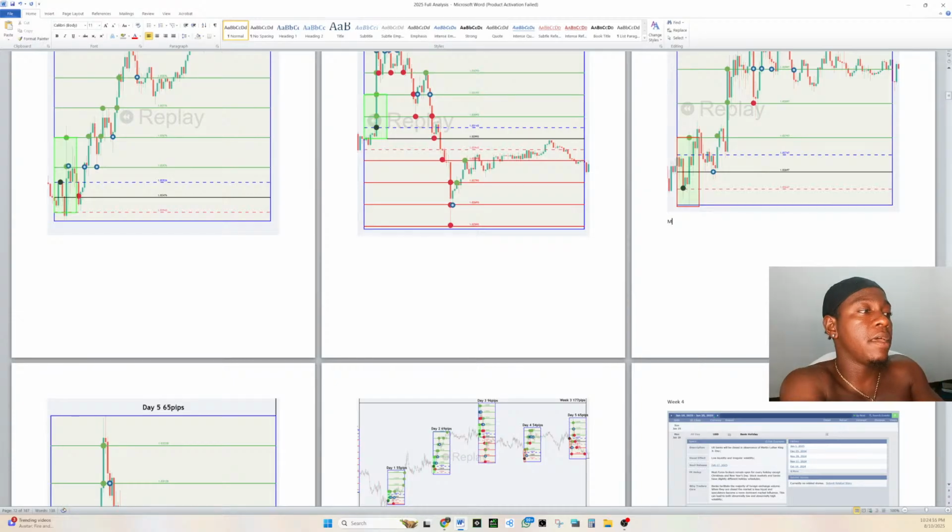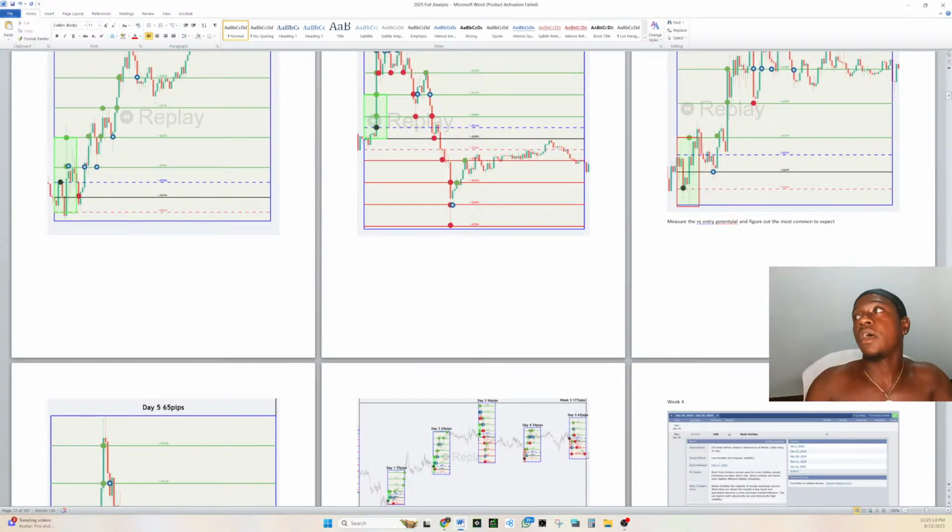Well, that's just to say measure the re-entry potential and figure out the most common to expect. All right, cool.